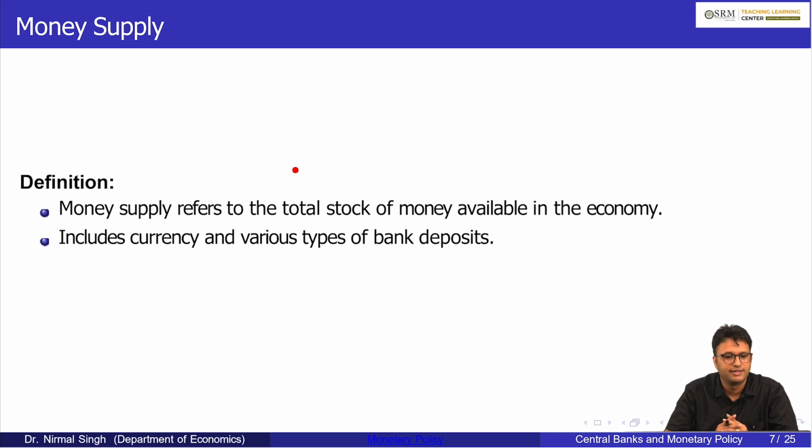So that's why we need to understand how much the money supply in the economy is. For doing that, there are different measures, which we call monetary aggregates, that give us an idea of how much the money supply in the economy is.